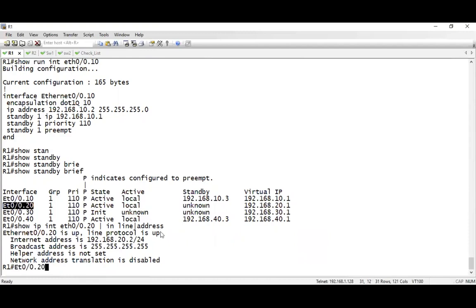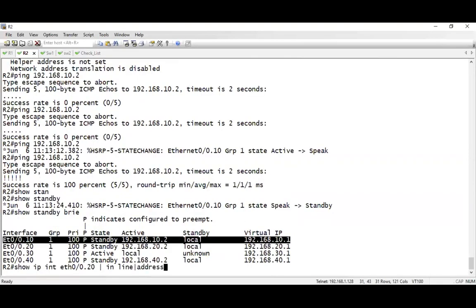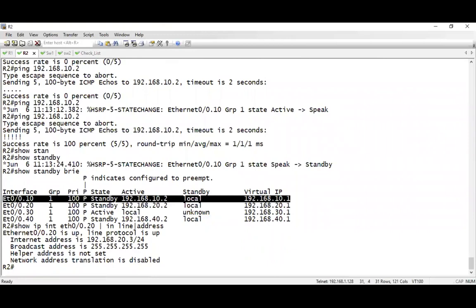Let's verify the same on R2. Do we have IP configured? A unique IP address is configured on R2, and the subnet mask is the same /24. They belong to the same subnet.